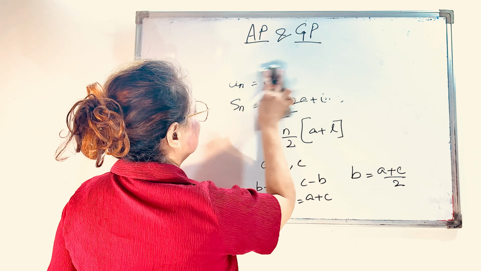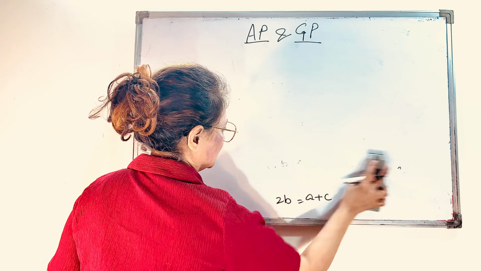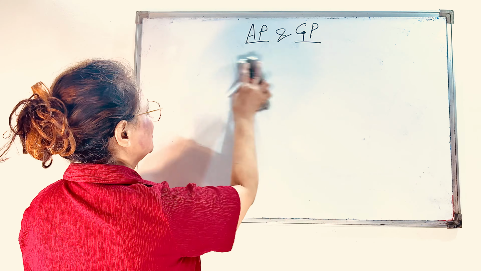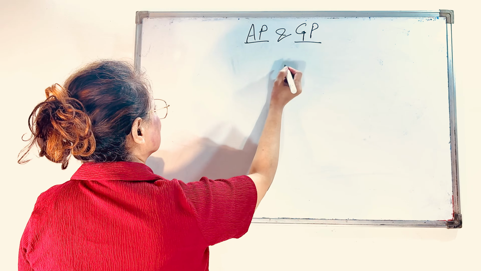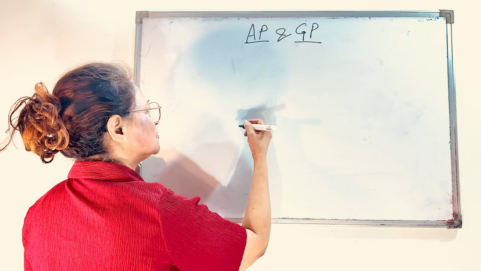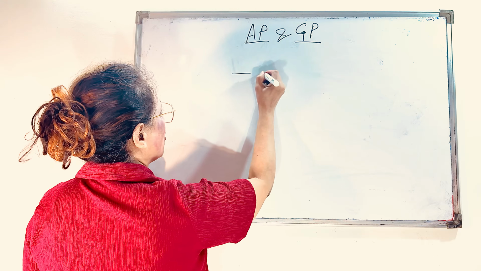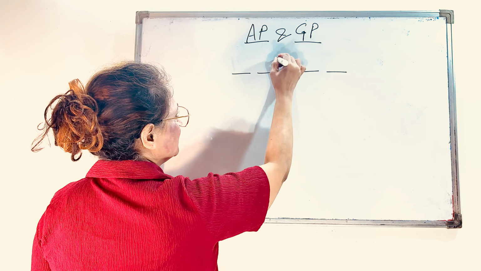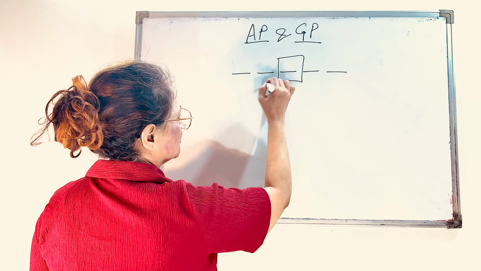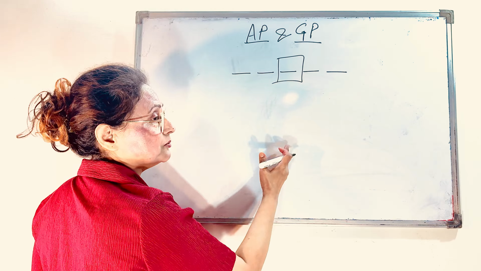Since I'm talking of the middle term, let me see what happens if the number of terms is even, and if the number of terms is odd. Suppose an odd number of terms are there, say 5, then there is a middle term, right? To this side, to that side. That means if there are 5 terms, then the middle term is the third one.